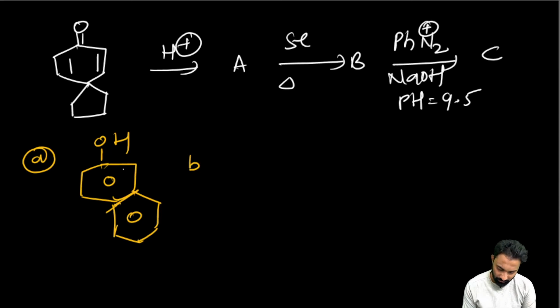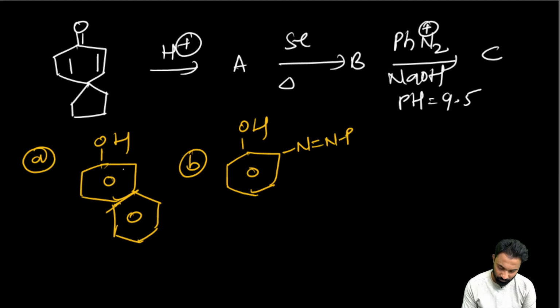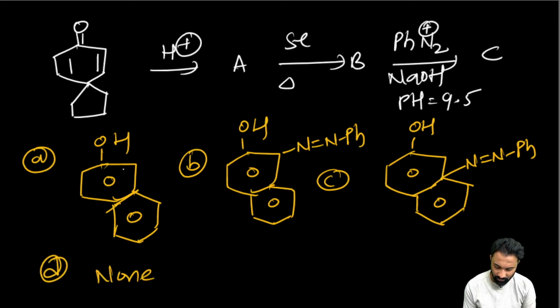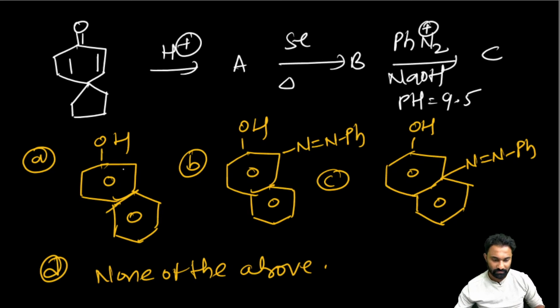Now this is A, this is B, this is C, D is none of the above. Now try to say me the answer.